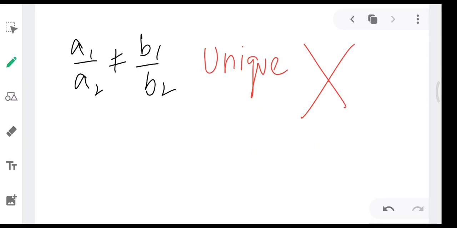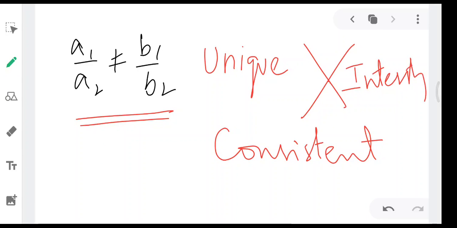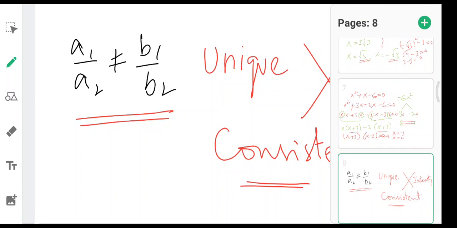When you draw the graph of those 2 equations, they are said to be consistent. 3 things you have to remember whenever this condition exists: it has a unique solution, they have intersecting lines, and this type of equations are consistent. So you can take different examples from exercises and work on that.